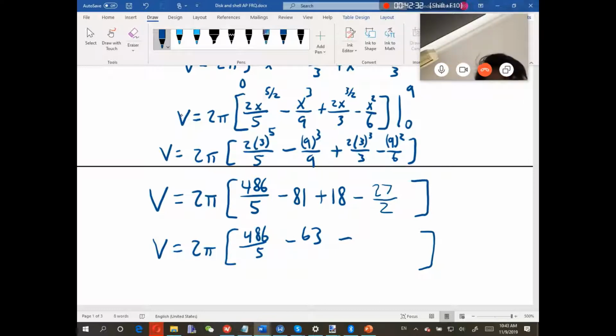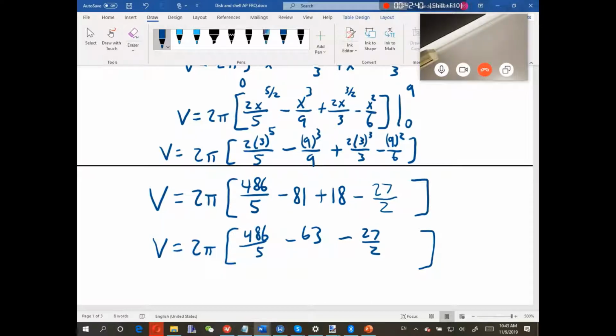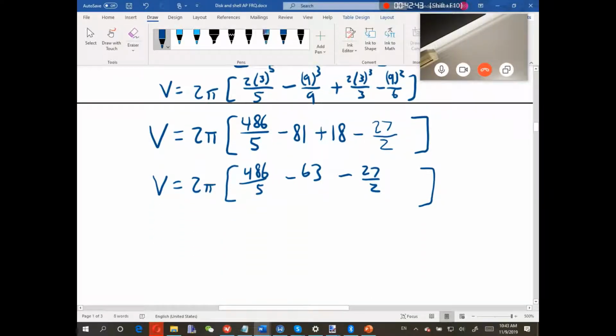Yep. Okay, minus 27 over 2. I guess we'll go ahead and get a common denominator now then. What's our common denominator? 10.